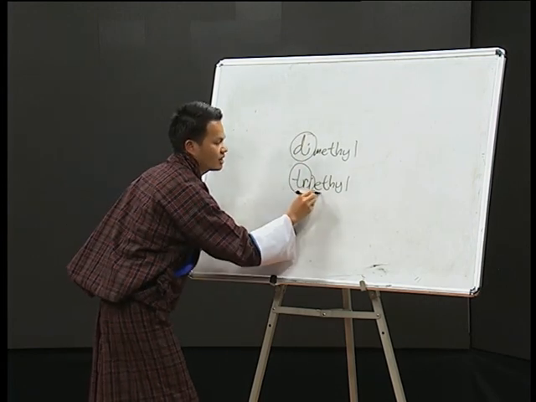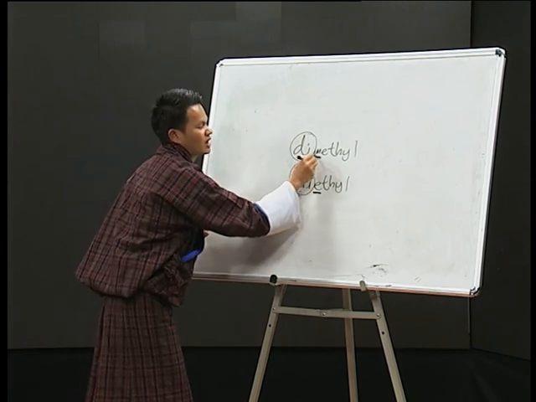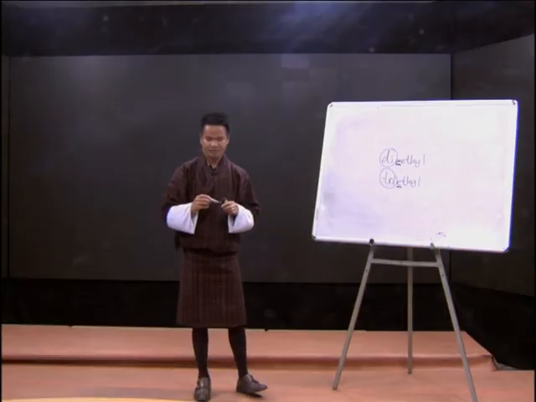You have to alphabet with the name of the alkyl group. So definitely triethyl will come first, then only dimethyl will come.